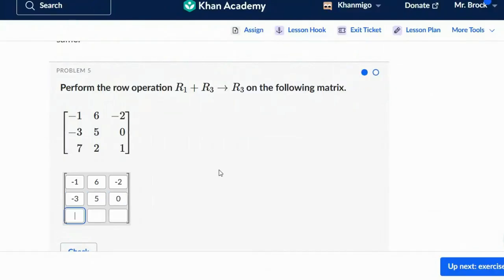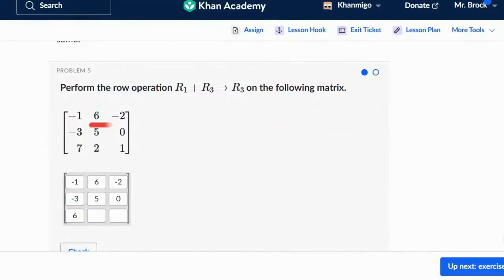But what is the new third row of our matrix? First row plus third row. Change this color. It means we're taking this and adding it to this. -1 plus 7, so it's going to be a 6.